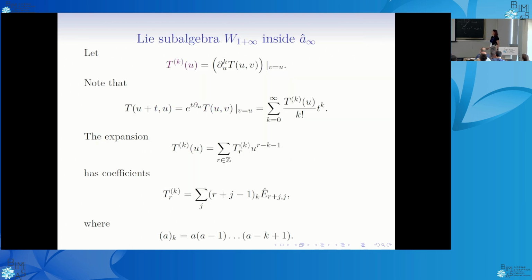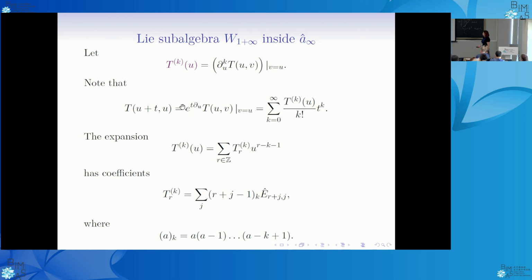So now let's take the formal distribution which we just defined, this T(u,v). It has generators of A infinity hat. Let's differentiate it several times by the first variable and set the second variable equal to the first one. So what do we get? We get a formal distribution of just one variable.